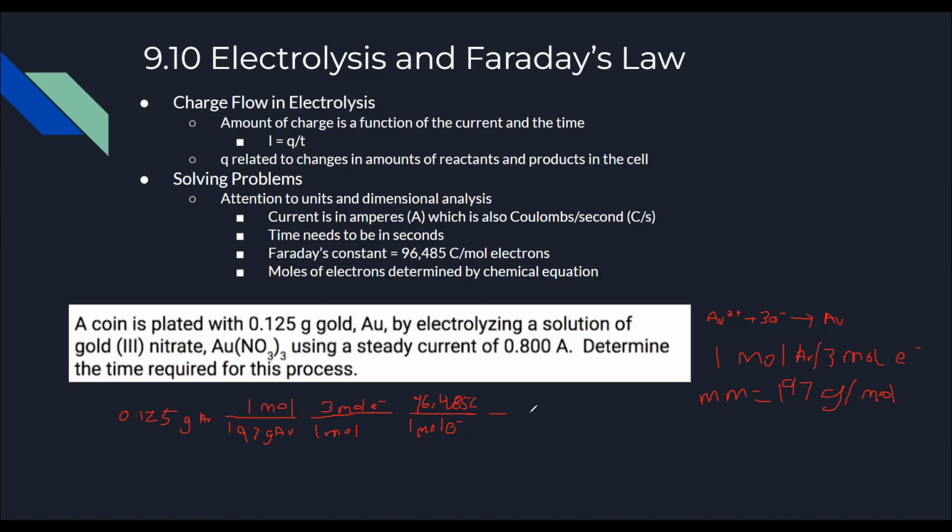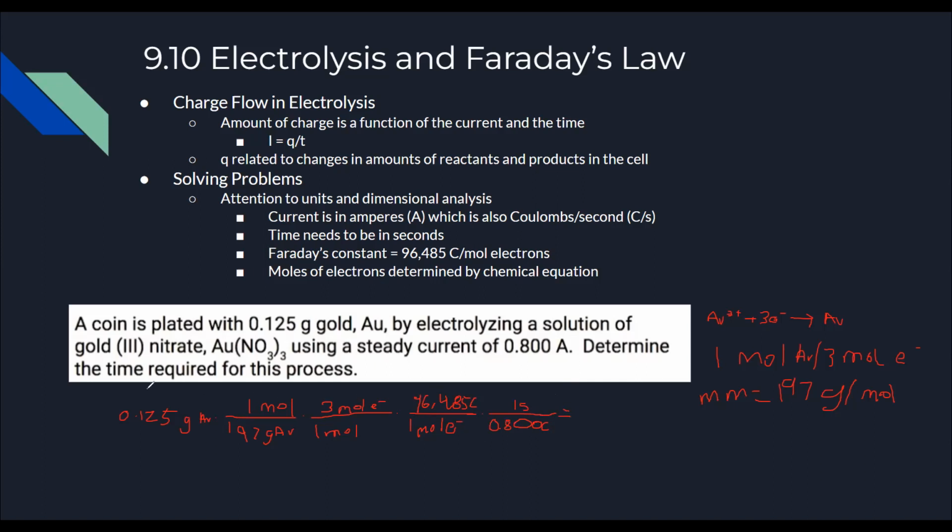With those coulombs, you finally have to convert to the amperes. Amperes is coulombs per second. So you can have it be 0.800 coulombs for every 1 second.